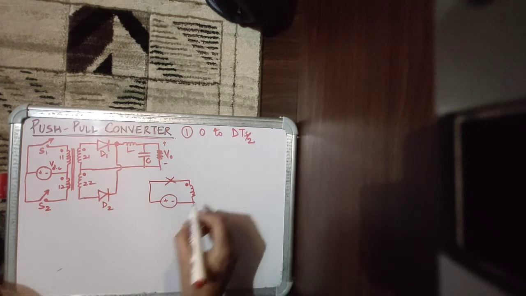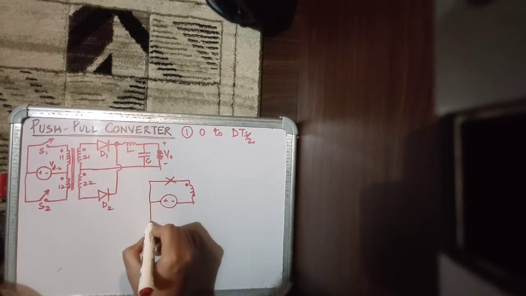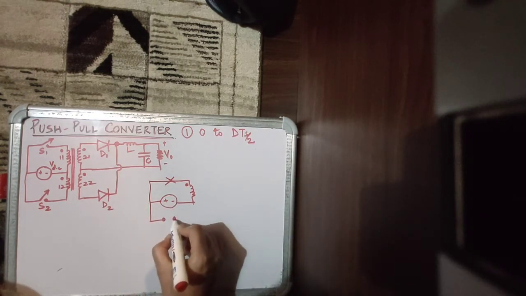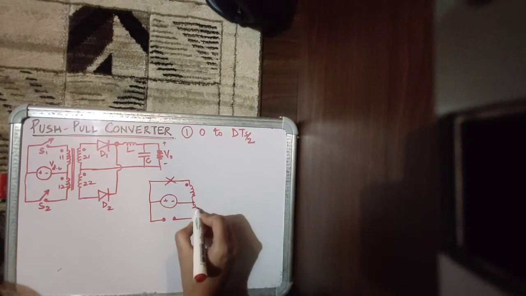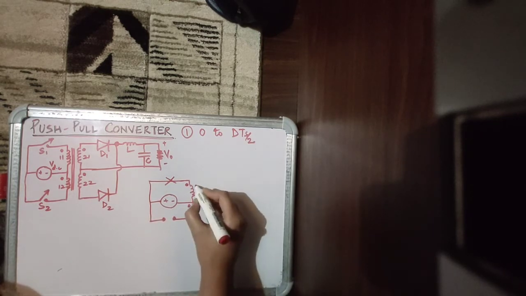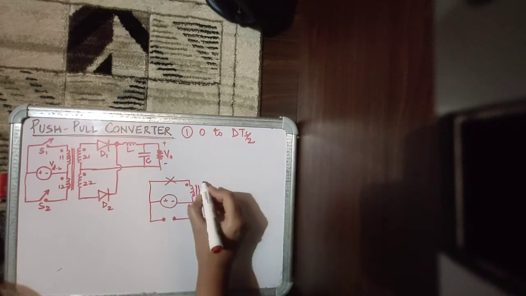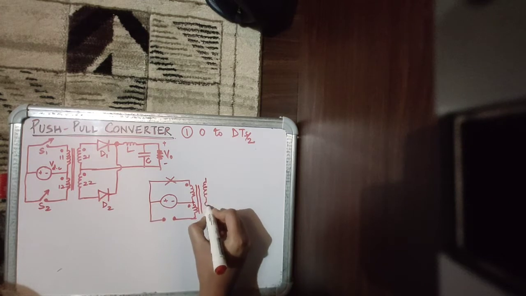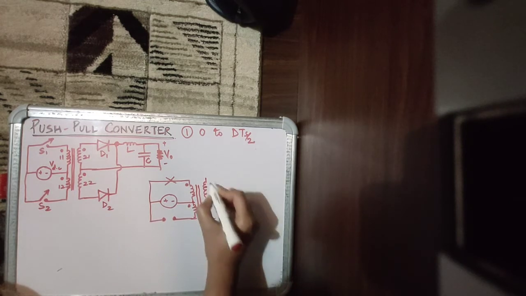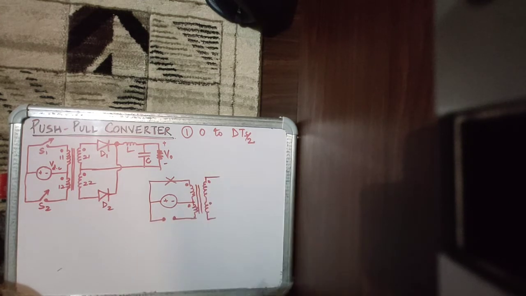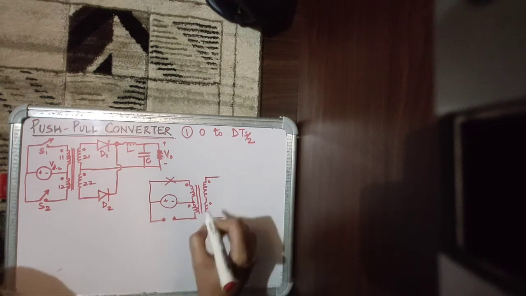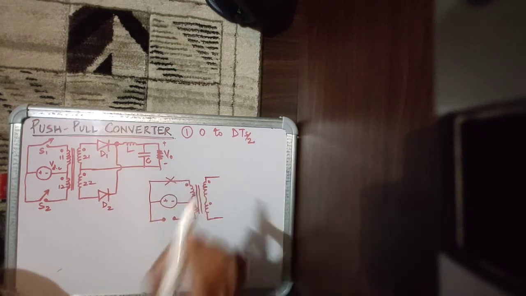The other switch is not conducting, but this winding is linked, or they are all on the same core, so the other primary winding also has flux associated with it. And then you have the secondary windings. First, let's see what voltages are induced.